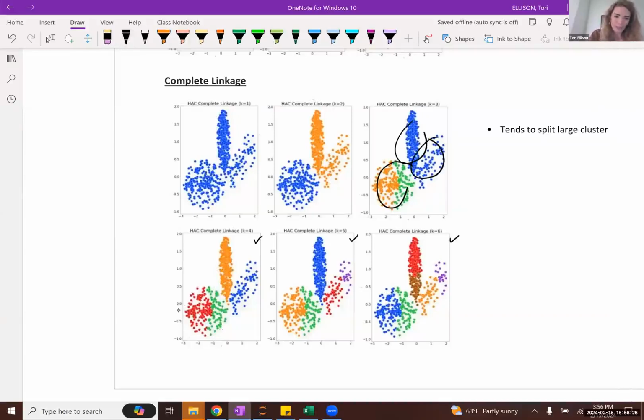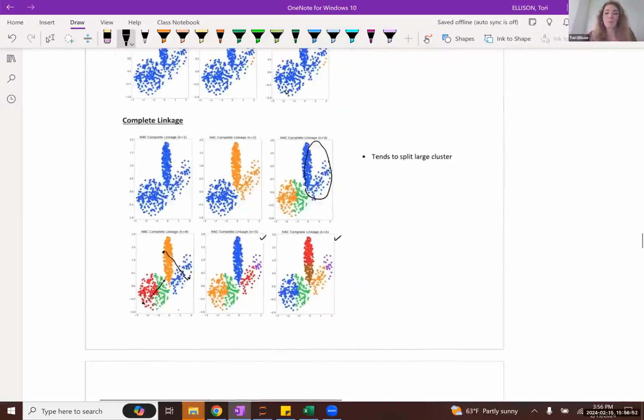But unfortunately, and take note of the scale here, that can be a little bit misleading, it does in fact look like blue and orange were a little bit closer together than blue and green. And again, the scale is warping things a little bit. So unfortunately, blue and orange ended up merging next.